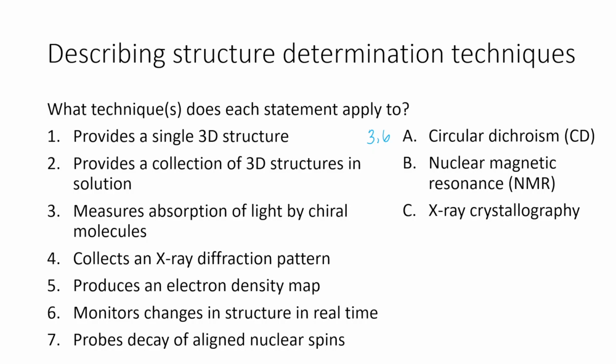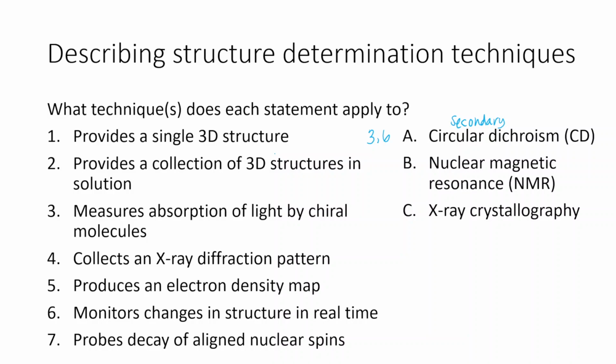So what level of structure are we looking at with circular dichroism? Secondary. Yep. It can tell us how much alpha helix versus beta sheet versus random coil we have in our protein. And those are things that might change if the protein is changing its shape for whatever reason.